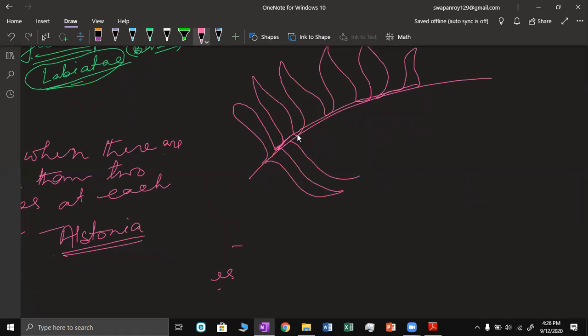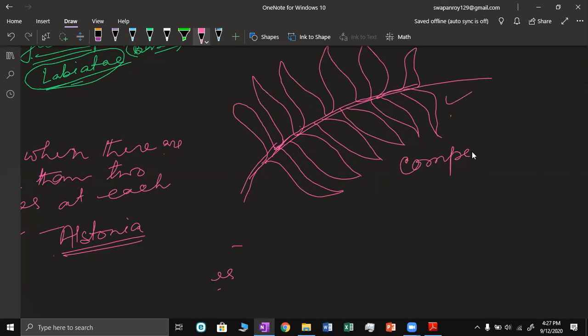The lamina has been broken into smaller pieces, and these pieces also appear like a small leaf, each one. So in that case, this is a compound leaf.